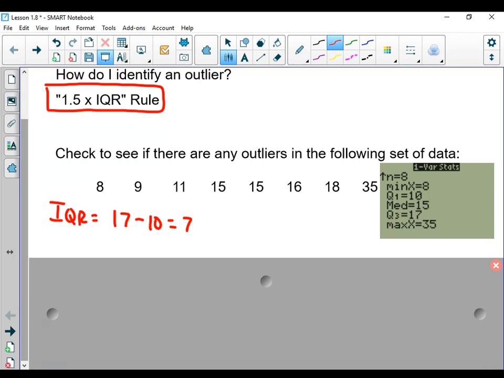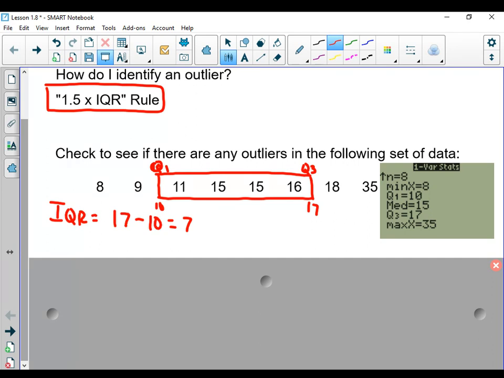Now remember, the IQR really is telling me the range of my middle 50% of the data. And if I think about this situation, Q1 is here at 10, and it goes across to Q3, which is 17. So this was the IQR part.